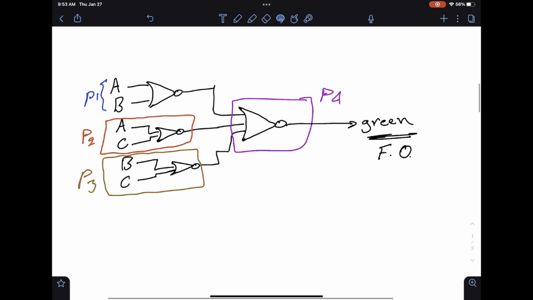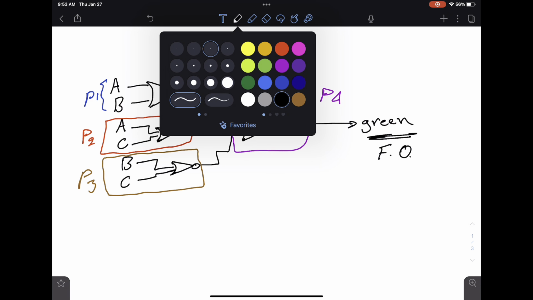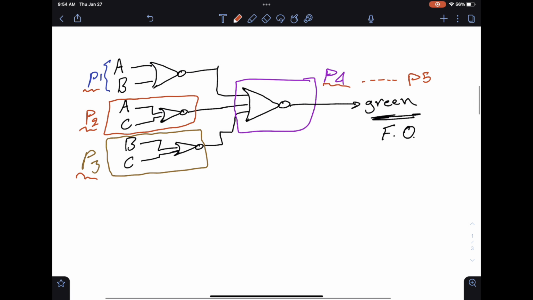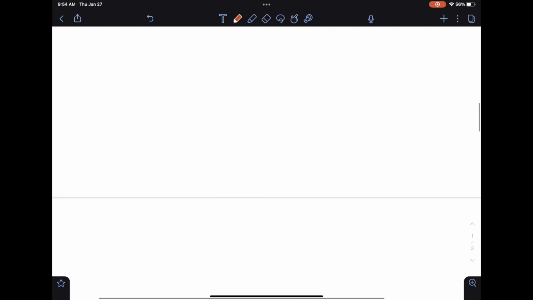If you have a circuit in this shape, which is an analog circuit, it's also an easy part. So this represents part 1, part 2, part 3, part 4 by these squares. And so on. If I have part 5 or part 6, the final output goes to the green. So it is the same general method.